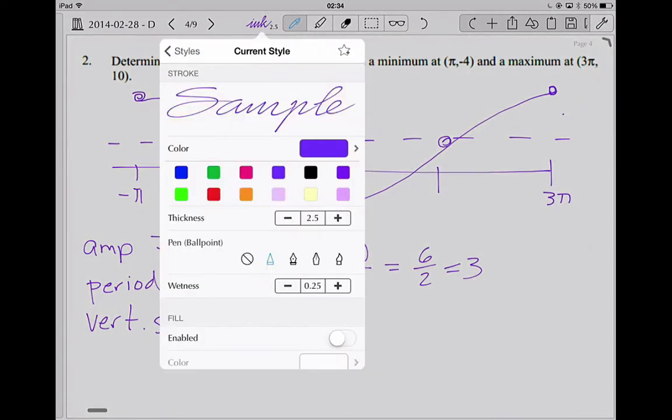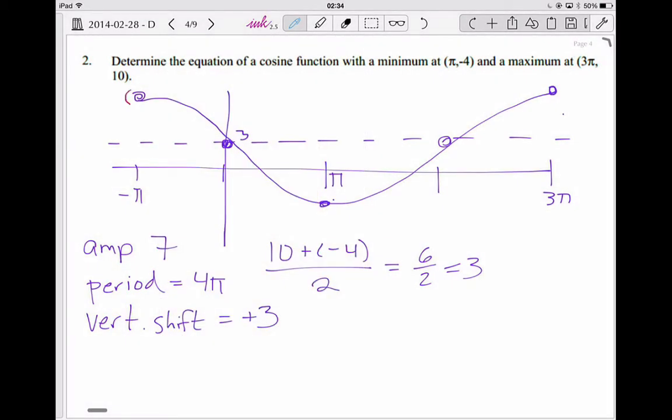So one thing I can say is that maybe this point used to be over here, and this is just a phase shift from 0 to -pi. So that would be a phase shift of -pi.